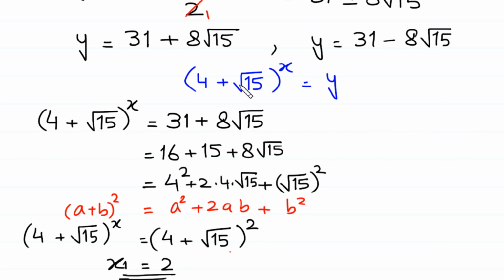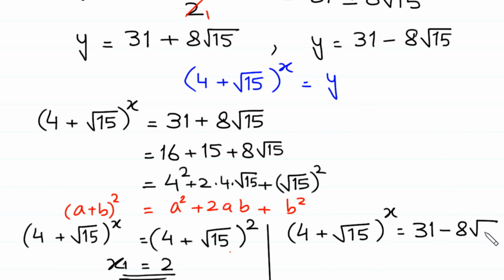Now to find the second value of x, in this equation we put this value of y, 31 minus 8 times square root of 15. 4 plus square root of 15 whole to the power x is equal to, we put the value of y here, 31 minus 8 times square root of 15.